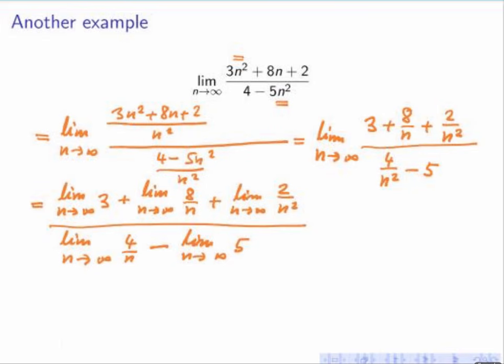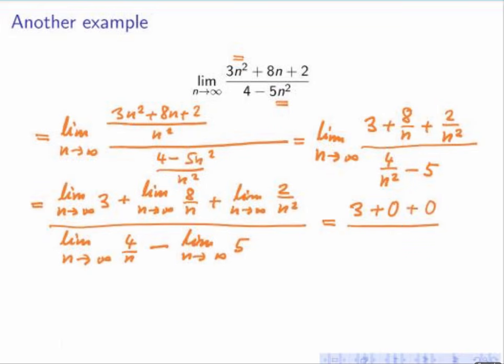So now I'm in a position where I really can do the limits. Wonderful. So things get easier. The limit of 3 is 3. There's no n in there. The limit of 8 divided by n goes to 0 because n becomes really, really large. Plus the limit of 2 divided by n squared, which also goes to 0.